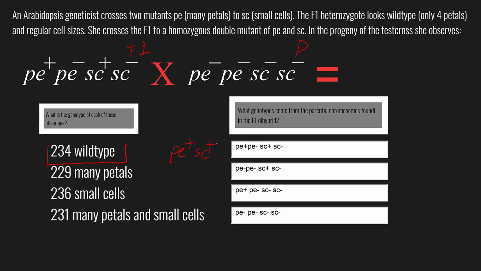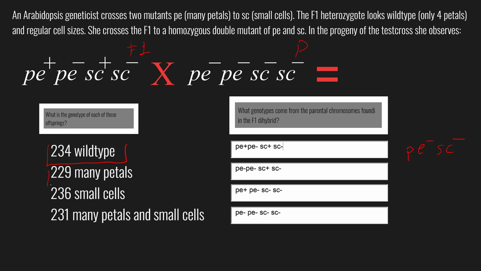And the reason why I know this is because the only contribution of the double homozygote parent could have been PE minus, SC minus, right? At the moment that these two get combined, the wild-type versions of the respective genes save the day, kind of thing, and return the phenotype of the individual to wild-type for each of the 2 different genes.